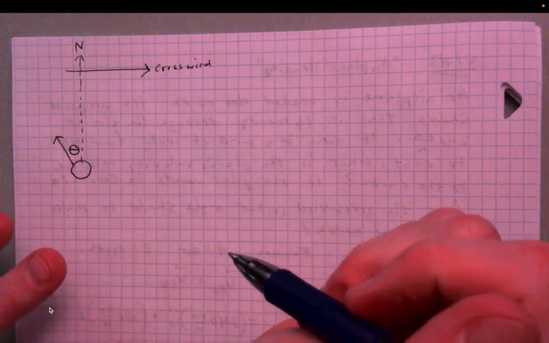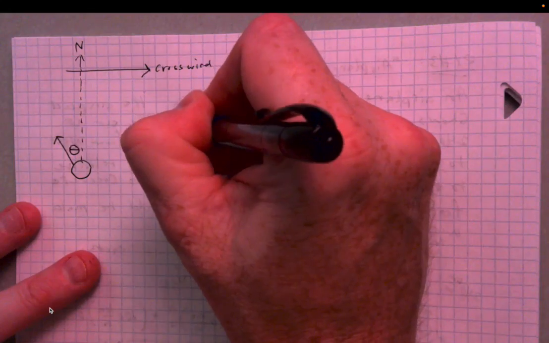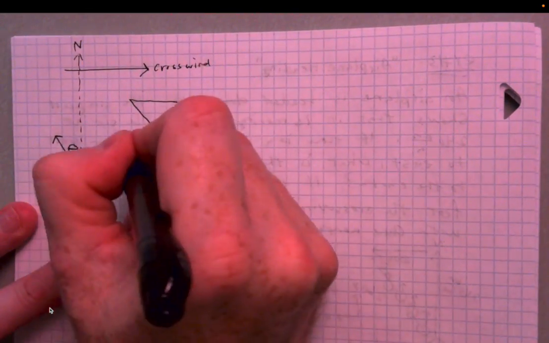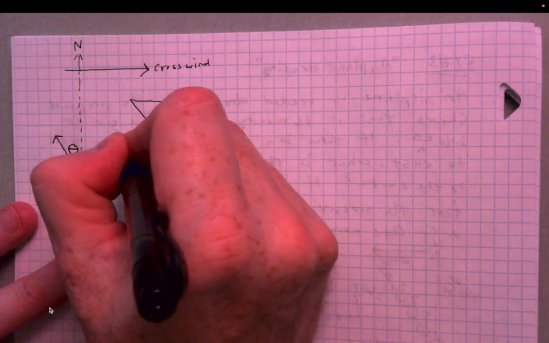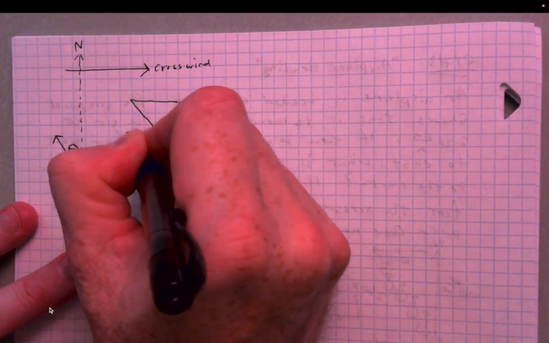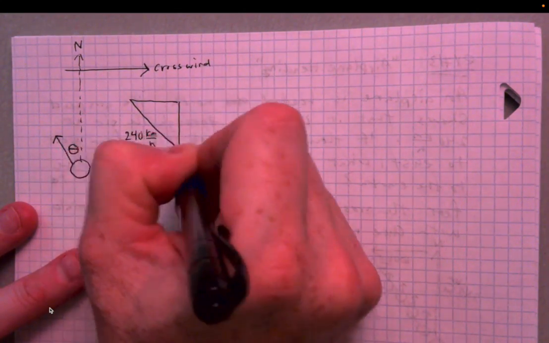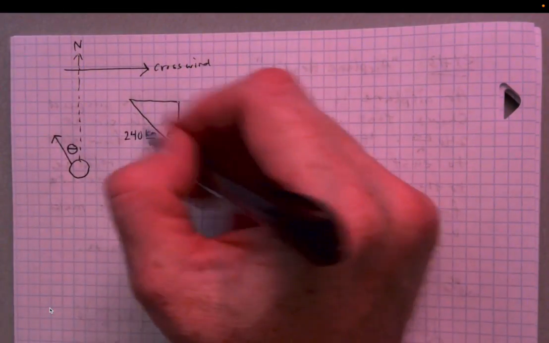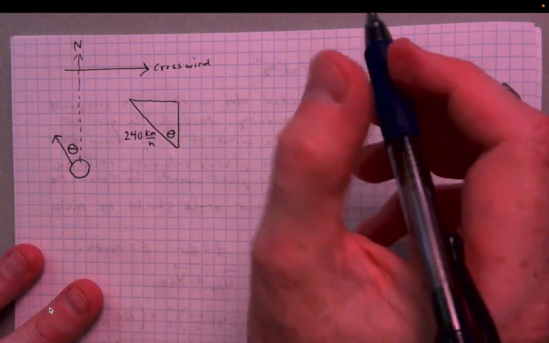Okay. So the way to think about it is just use a triangle, and we need to break this velocity. So we're going to fly at 240 kilometers per hour, right, into the wind, and there's going to be some angle theta. And so what are the x and y components of that speed then?